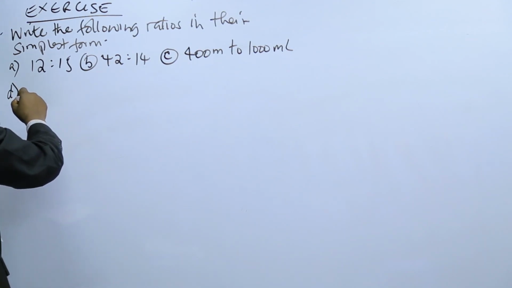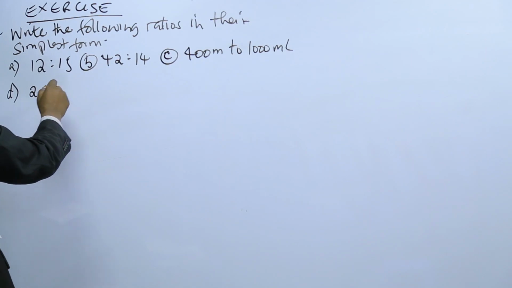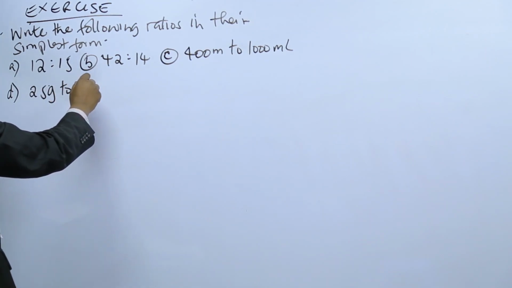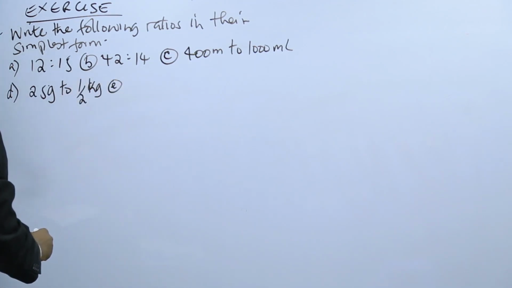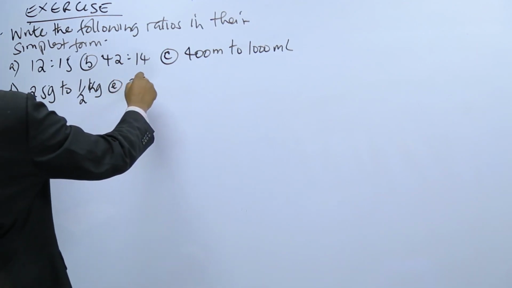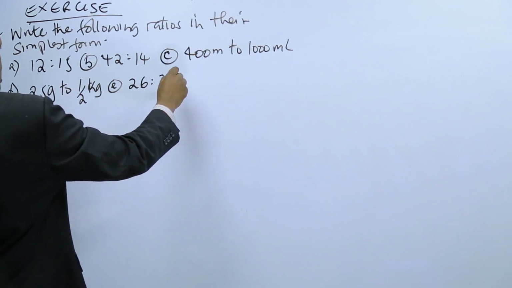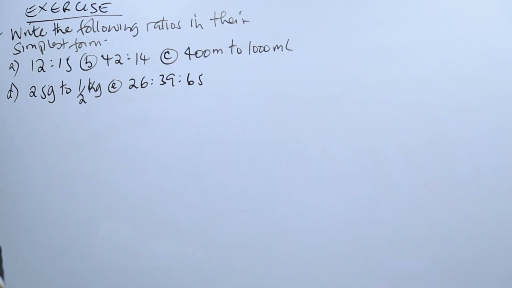D, 25 grams to a half kilogram. E, 26 to 39 to 65.